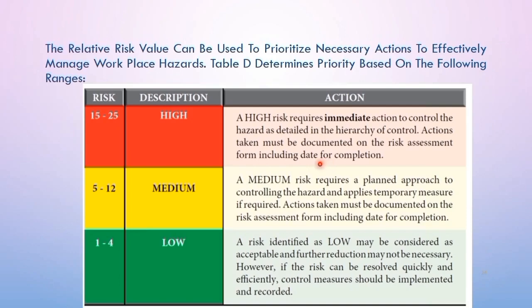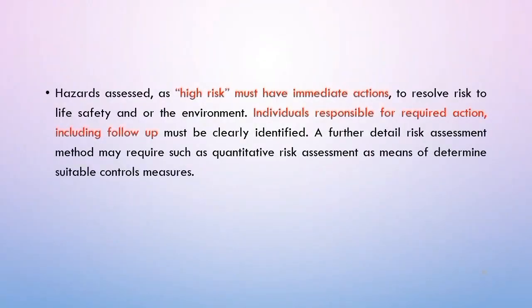The individual responsible for these actions has to follow up until the risk is fully controlled. A further detailed risk assessment method may be required, such as quantitative risk assessment, as a means of determining suitable control measures.